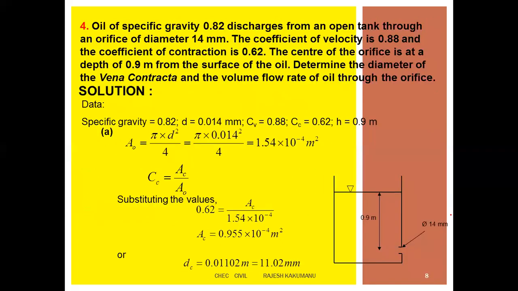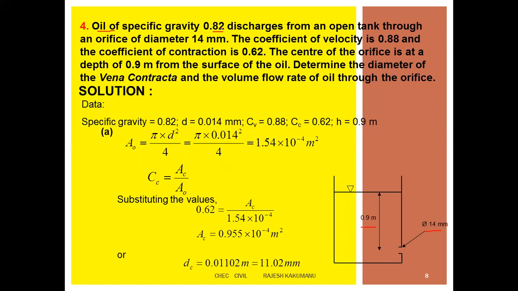Now see the next, where you are using oil. Oil of specific gravity 0.82 discharges from an open tank. In the tank there is a small aperture. The orifice diameter is 14 mm and the height of the oil from the ground is 0.9 meter.